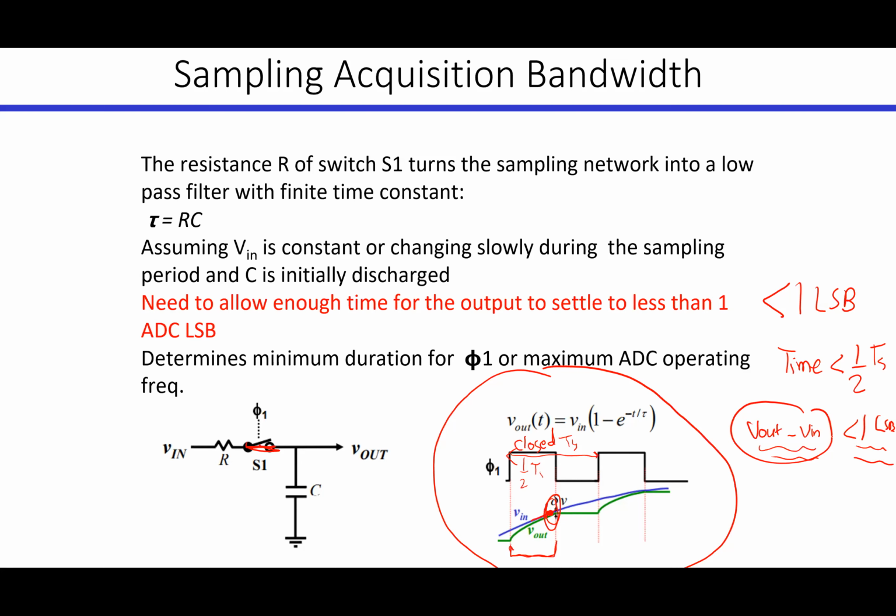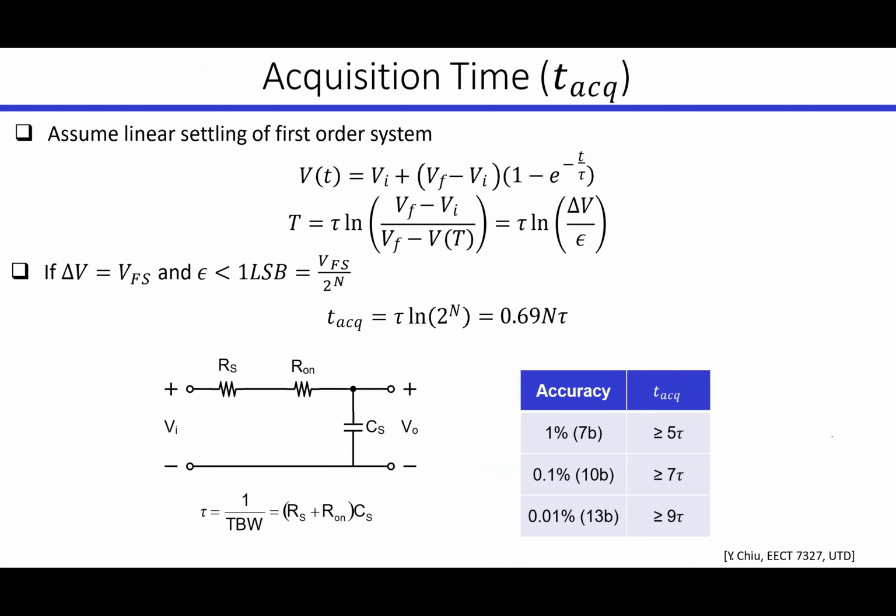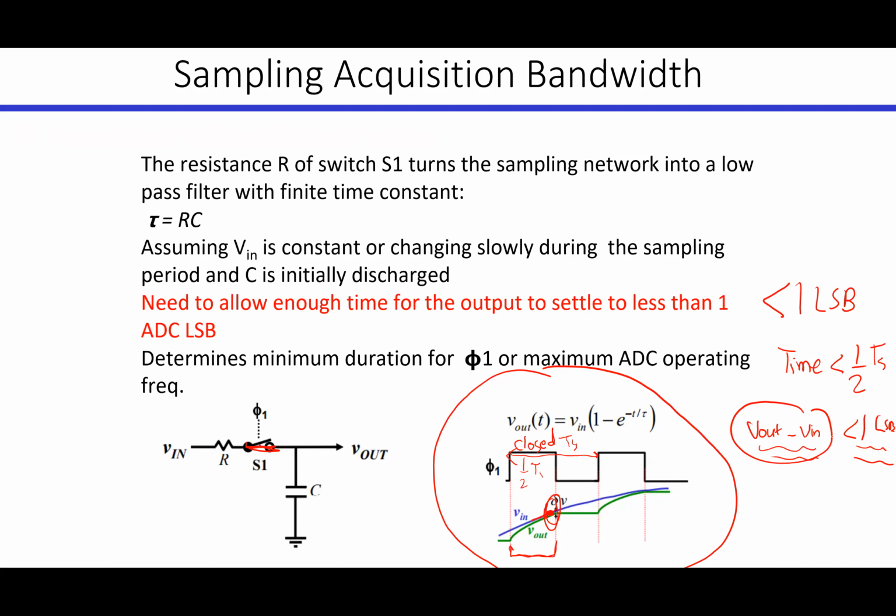Yes, Miss. Thank you. Ma'am, does that not depend upon the resolution of our ADC, the LSB thing? Yes, it will depend on your LSB, the resolution of the ADC. They are linked with each other. So in order to track it accurately, we have to alter the value of resistance before the switch, right?